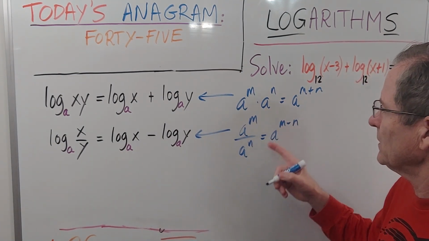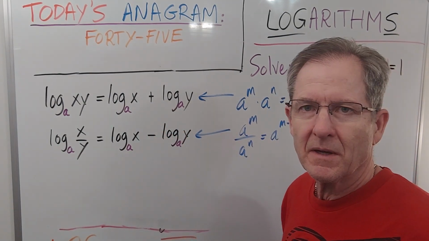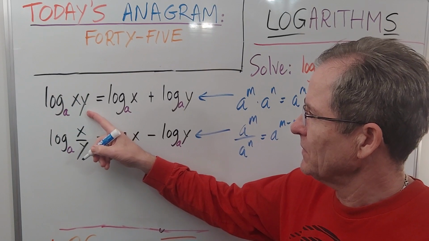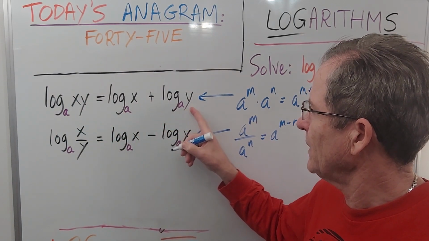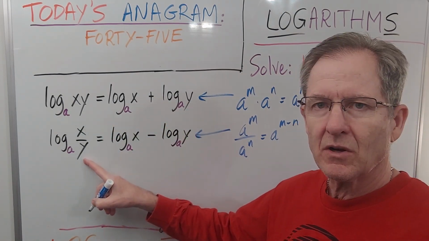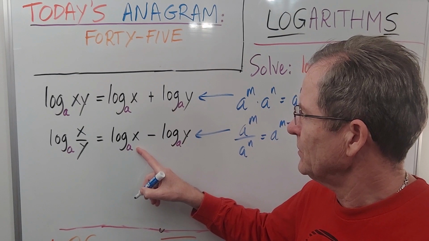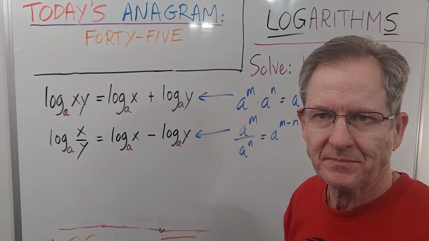These two exponent laws are therefore equivalent to these two logarithmic identities. The first one says that the log of a product is equal to the sum of the logs of the two factors to any base. And this one says that the log of a quotient is the log of the numerator minus the log of the denominator, again to any base.